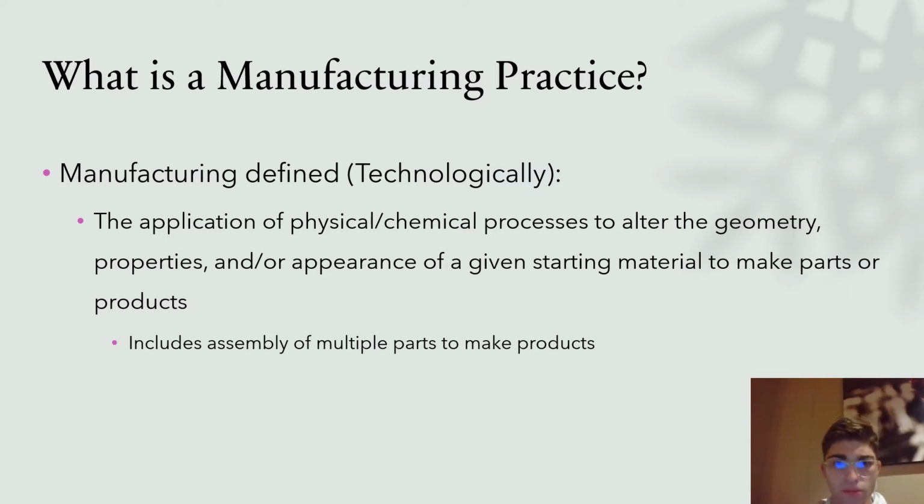When we're talking about manufacturing practices, we want to focus on the technological definition of manufacturing, which is the application of physical and chemical processes to alter geometry, properties, or appearance of a given material and turn it into something else, right? We're taking raw material and forming it into another thing. This could also be used in assembly, but this is the definition we want to focus on today when talking about good manufacturing practices.